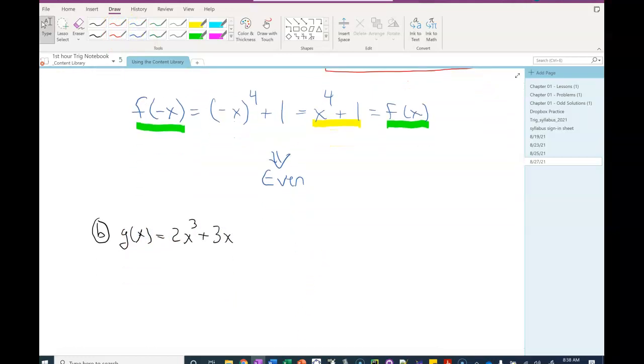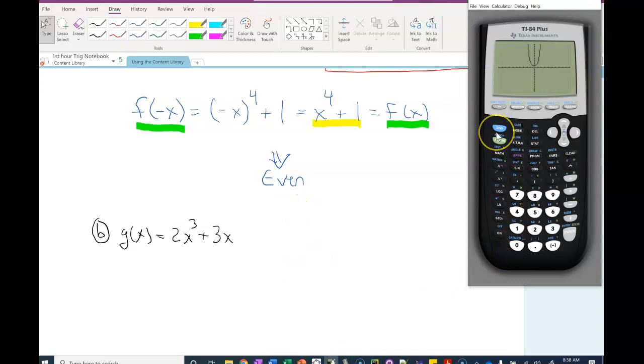Let's say now we have g of x equals 2x cubed plus 3x. Just like before, I'm going to go ahead and do the same thing. I'm going to start by just looking at the graph so that I have a good idea of whether I'm looking for something that's odd or even.